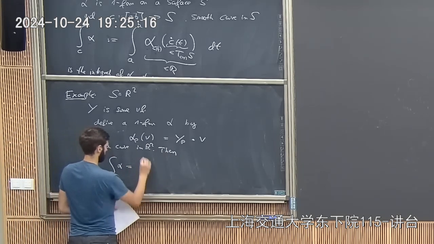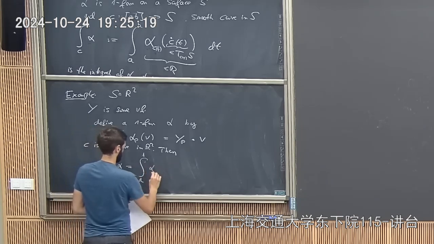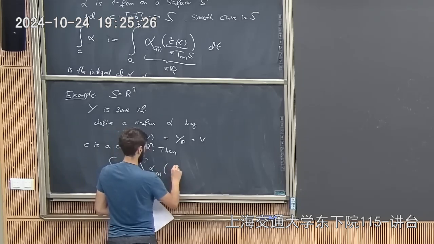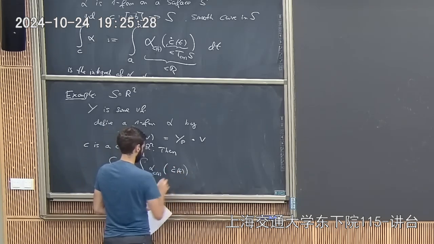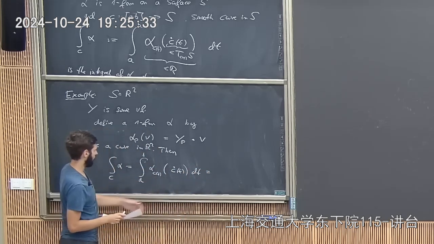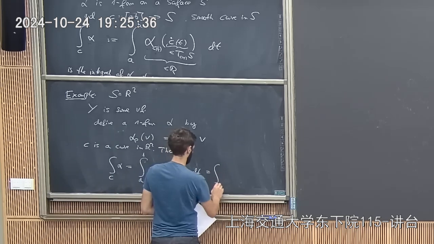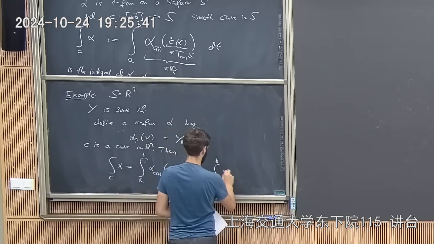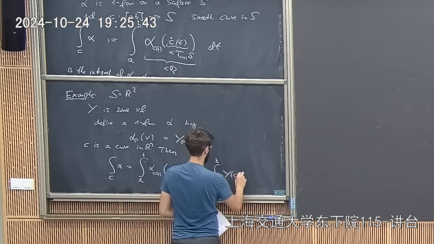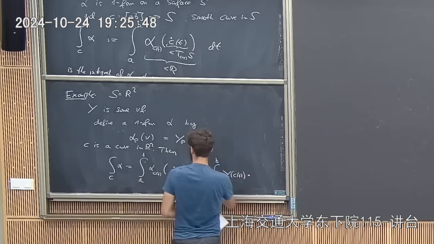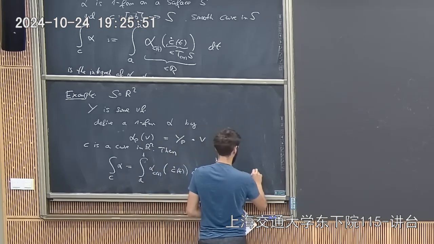So we go back to the definition and just write alpha at c(t) evaluated on c dot of t, over dt. So now we use the definition of alpha to write this as the integral over just the inner product of Y at a certain point times the derivative of the curve itself.